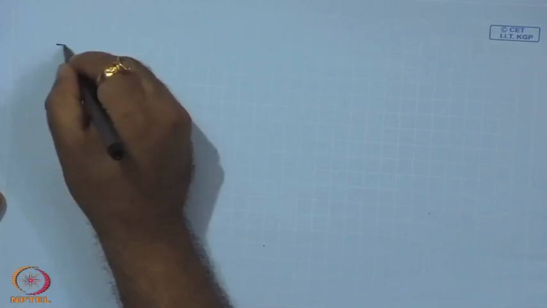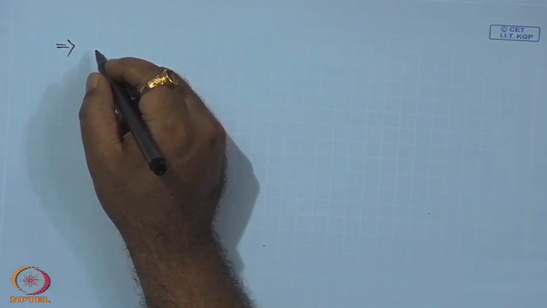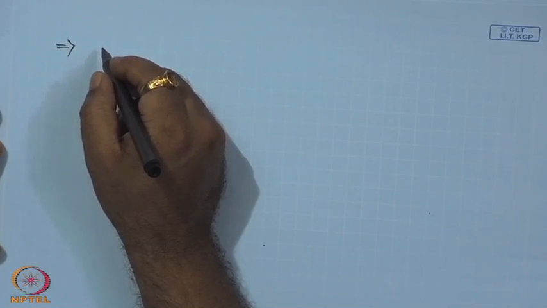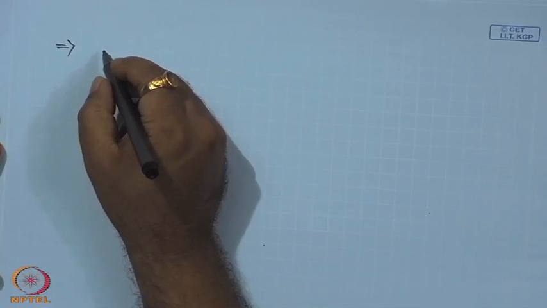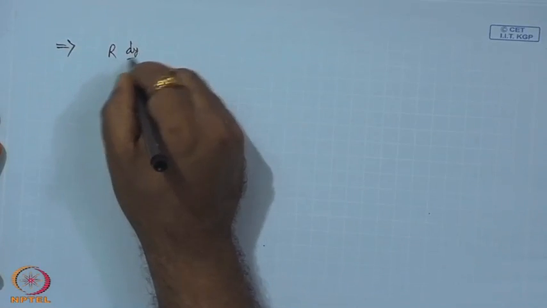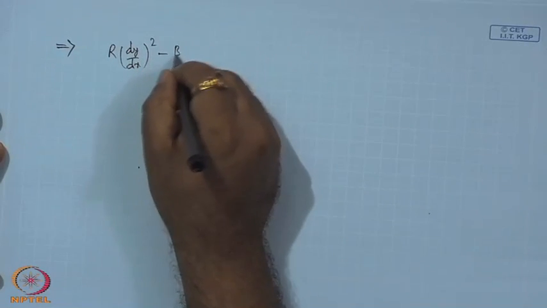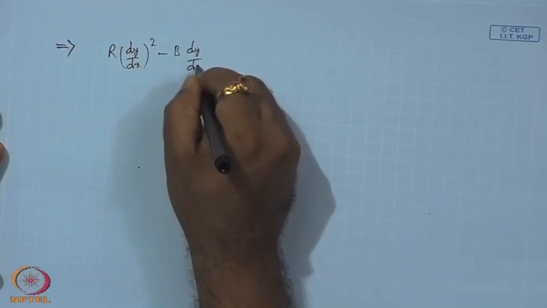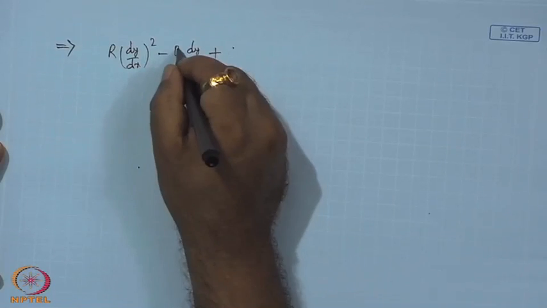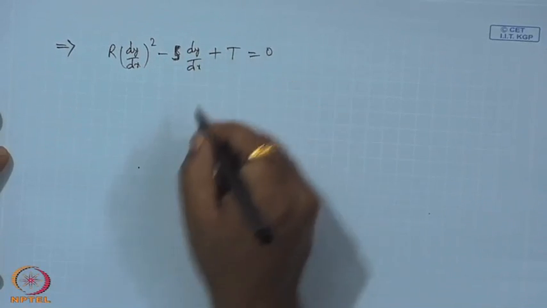So this implies we have R minus S times dy by dx plus T equals 0.